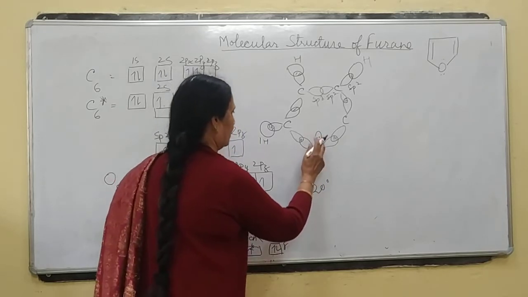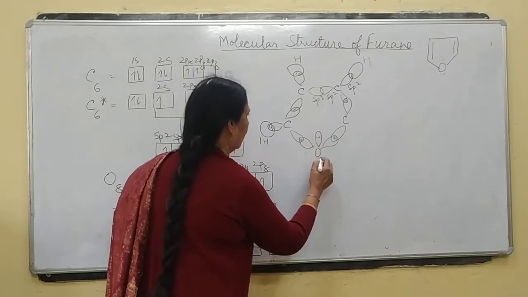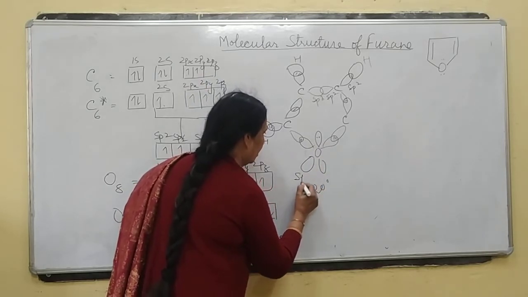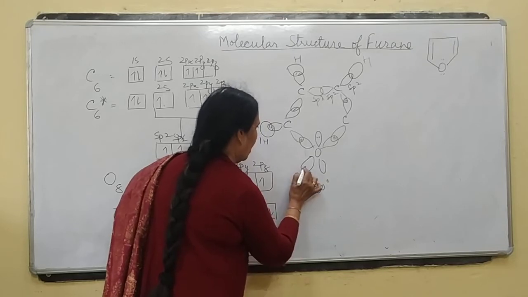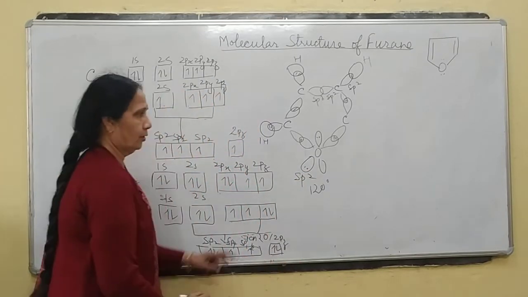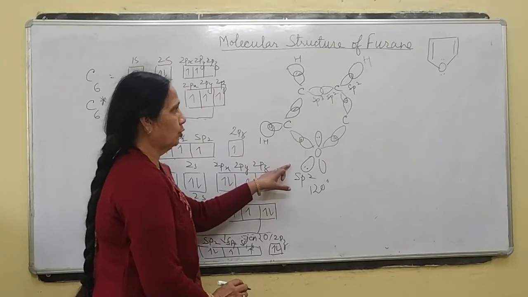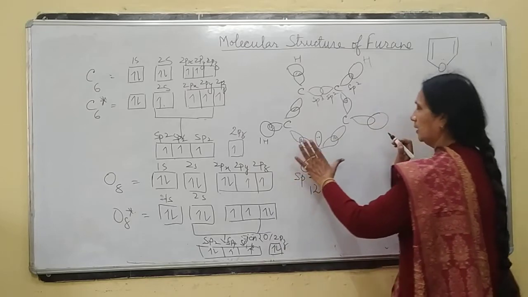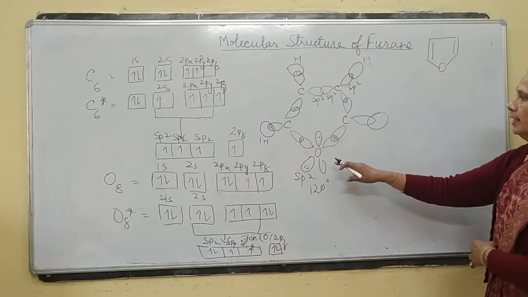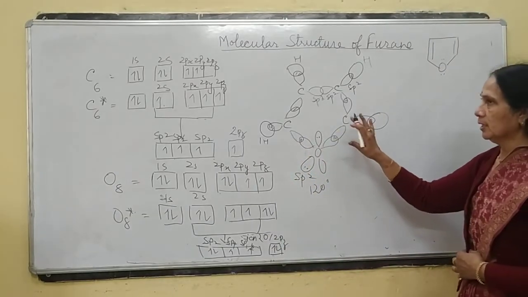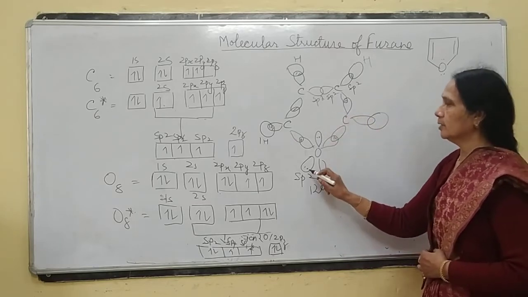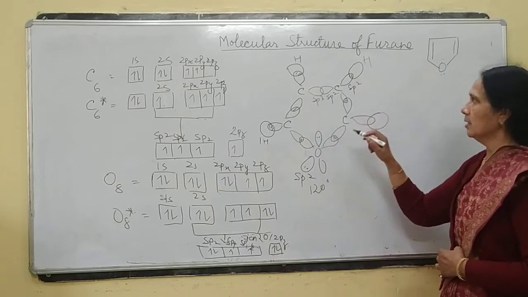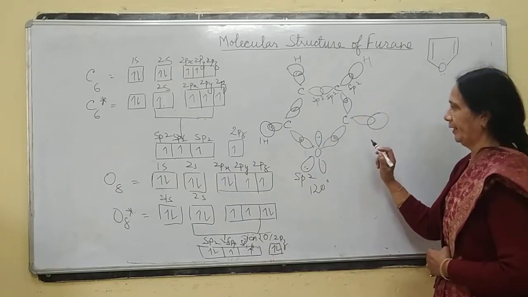oxygen has a pz orbital having 2 electrons and an sp2 hybridized orbital having 2 electrons. But this sp2 hybrid orbital is in the plane of the carbon and oxygen atoms, so it does not participate in the sextet of this system of furan.